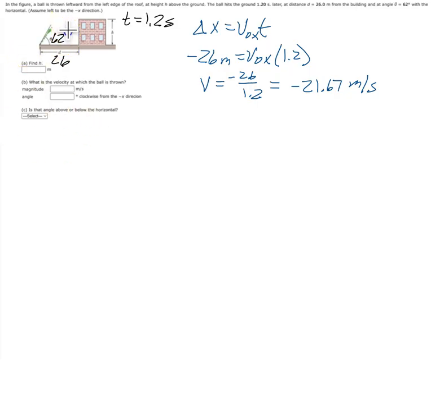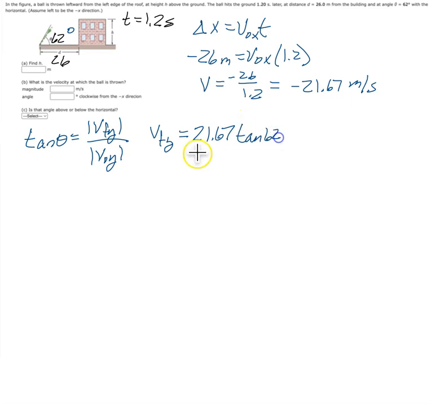Because this angle is 62 degrees, to find the vertical velocity, because we're dealing with velocities and not positions, we can say that the tangent of the angle equals the absolute value of the final speed in the y divided by the absolute value of the original speed in the x. So the final speed in the y is equal to the speed in the x, 21.67, remember these are absolute values so we don't need the negative, times the tangent of 62, and we end up with around negative 40.75 meters per second.